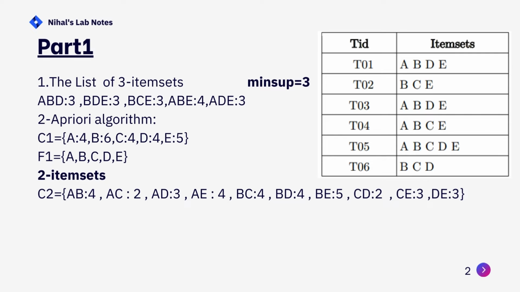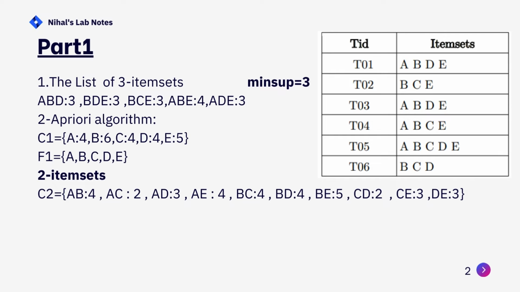So their support is equal to 4. For BE, it appears in the first transaction, also transaction 02, 03, then 04, 05, and 06. So for BE, their support is equal to 5.